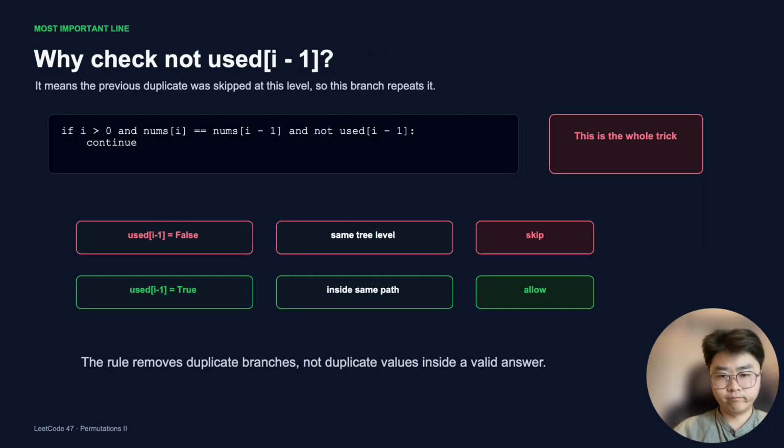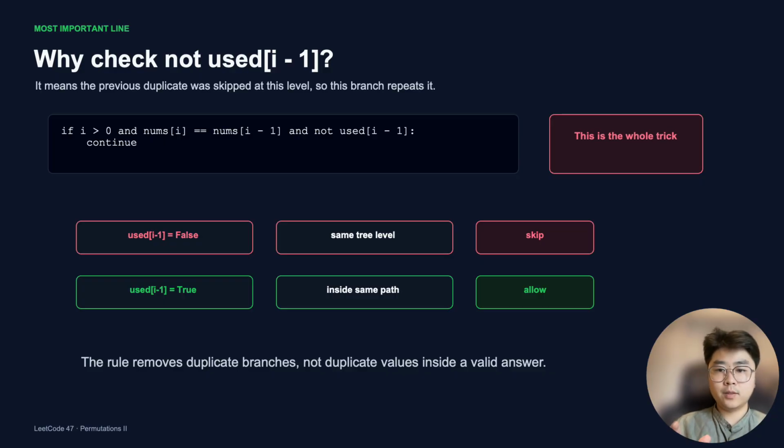In the whole structure, I think the important line to check is not used[i - 1]. When the previous duplicate is not used, it means that we are choosing the second identical value before choosing the first at this recursion level. That would repeat a branch we have already explored.